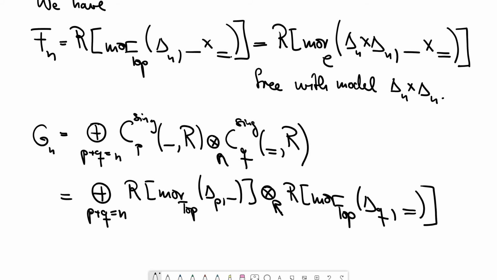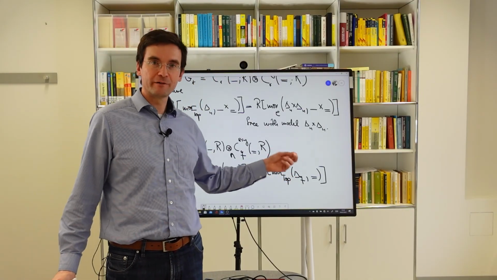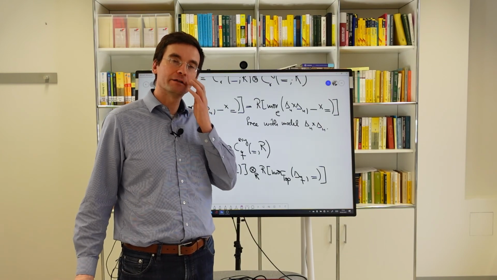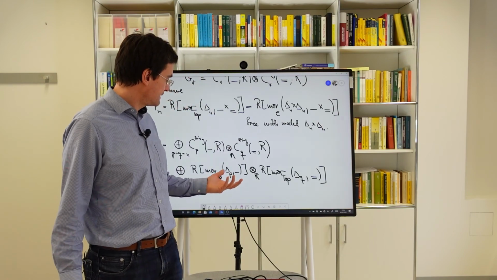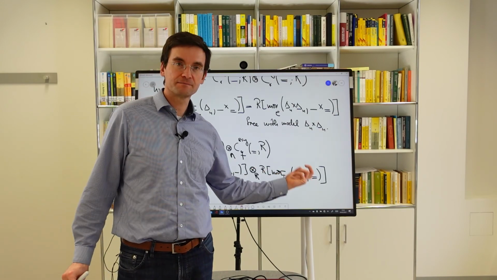All right, so what is that? You have two free R modules and you tensor them over R. That's the same canonically as the free R module over the product of these two sets.